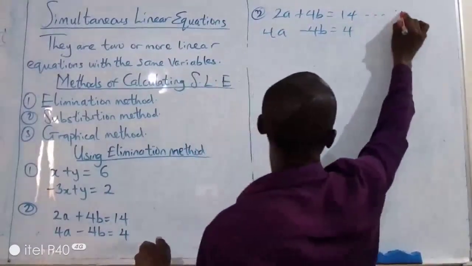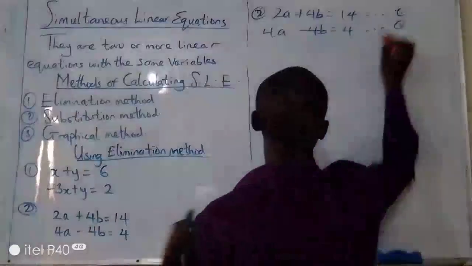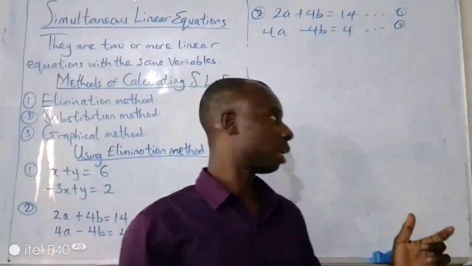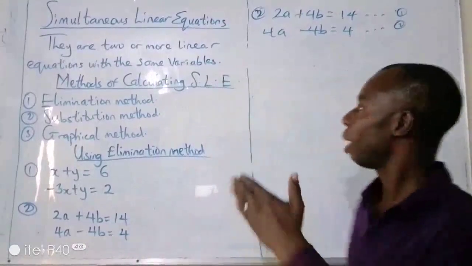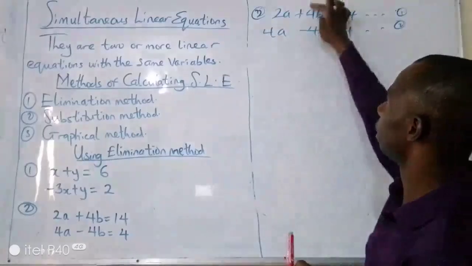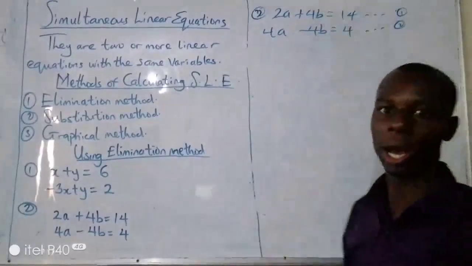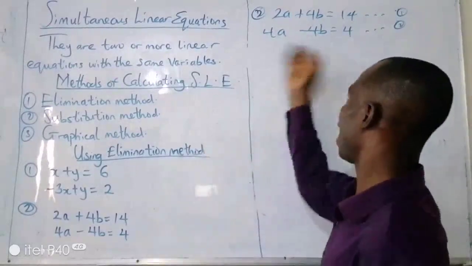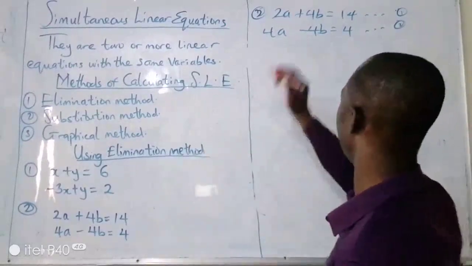The same thing, I will call this one equation 1 and I will call this one equation 2. Now, if you observe very well, you see that my variable b has the same coefficient, 4 and 4, and they have opposite signs. So what do I do? I will simply add equation 1 and 2.